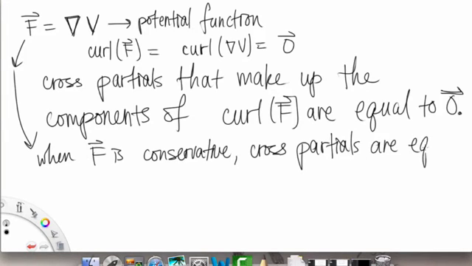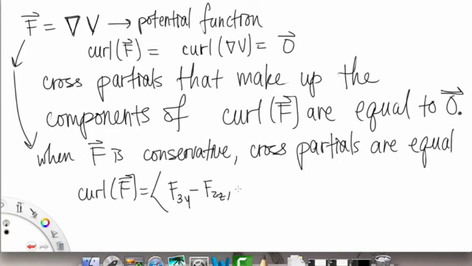So with them being equal, when you subtract them in the curl, we get the following. The formula says that we take the partial of f sub 3 with respect to y first, and then minus the partial of f2 with respect to z, and then the next one is z again of f1 minus f3 with an x, and then f2 with an x minus f1 with a y.